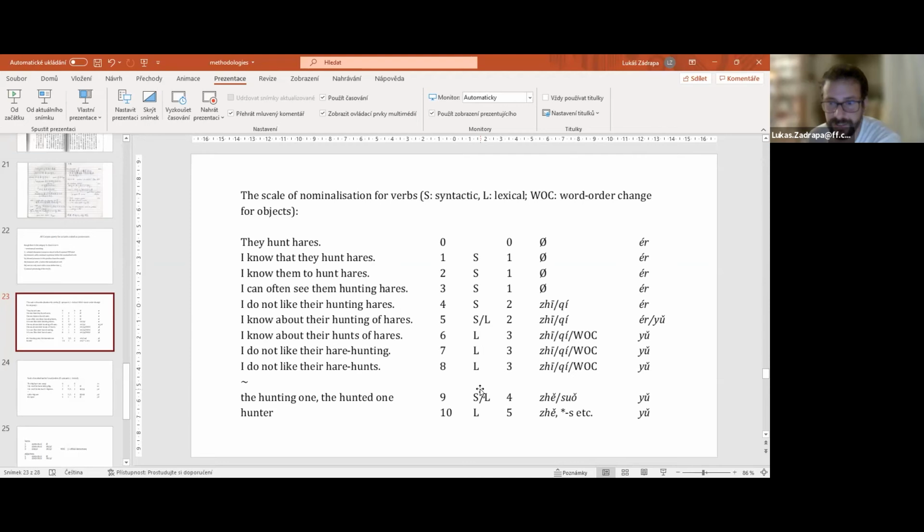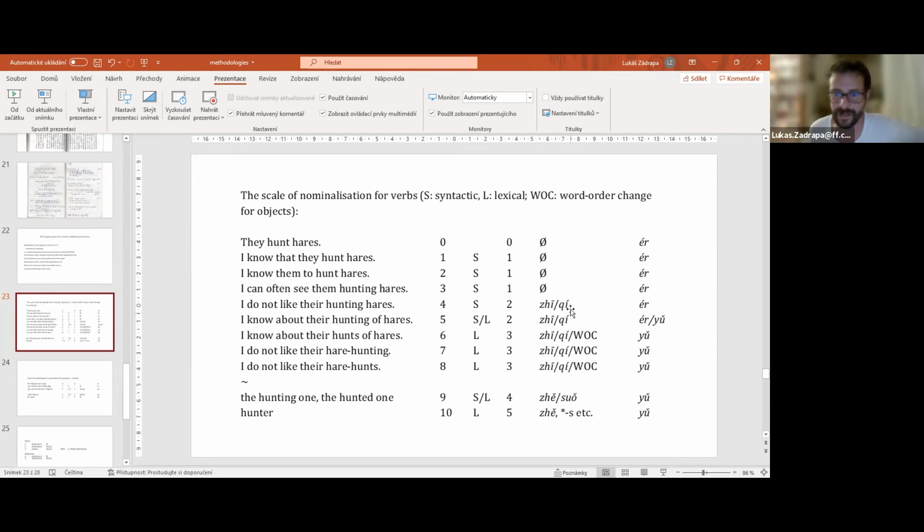And then I try to somehow adopt this system for classical Chinese, where we have no morphosyntactic markers, where the nominalization is very slight.